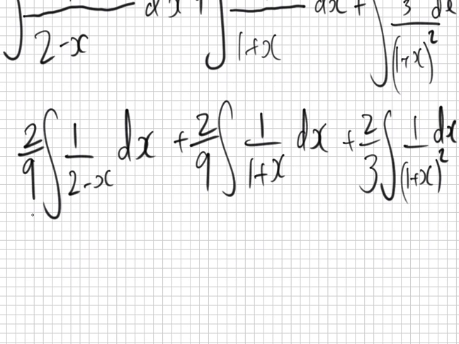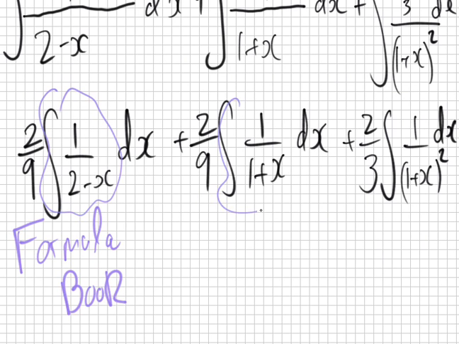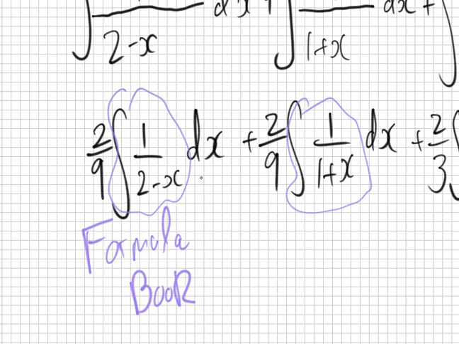Okay, now this here is actually in the formula book. This one here is in the formula book, and this one here is in the formula book. I'll actually write down what's in the formula book.